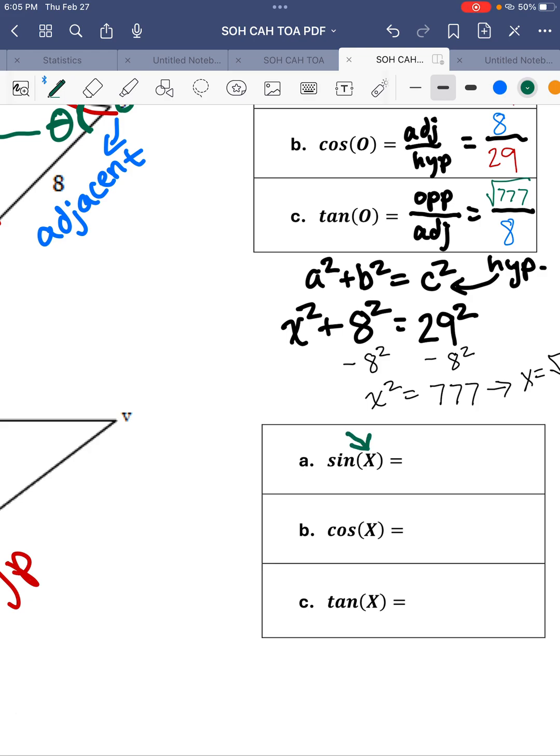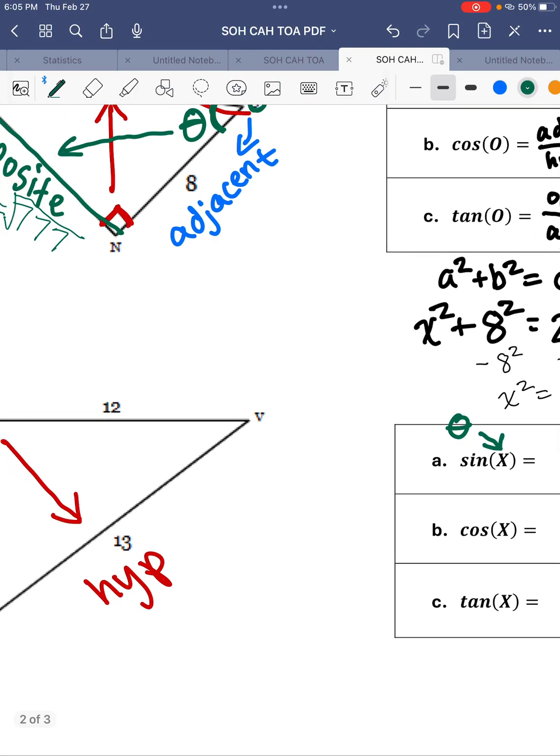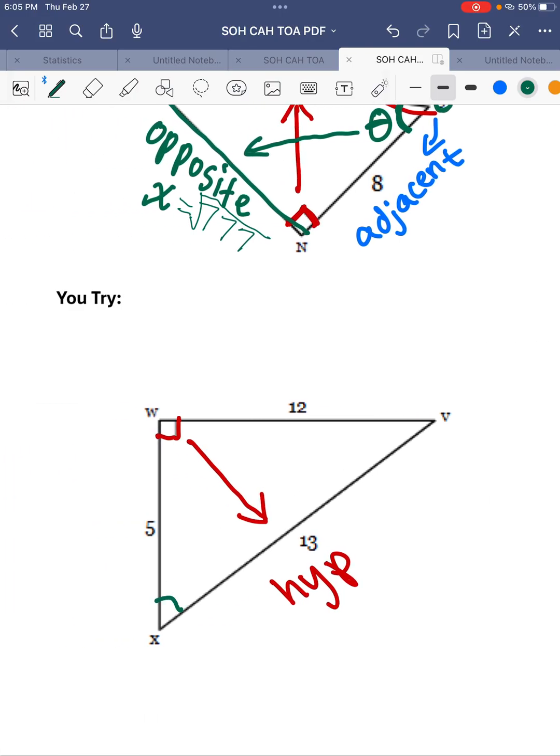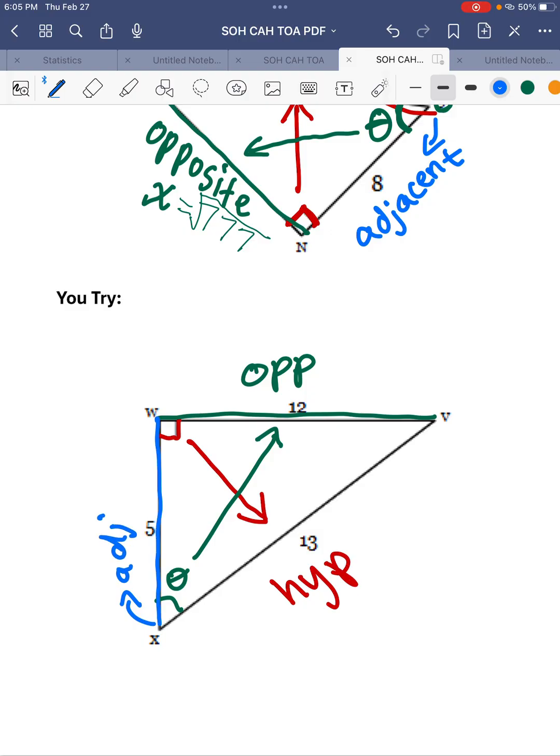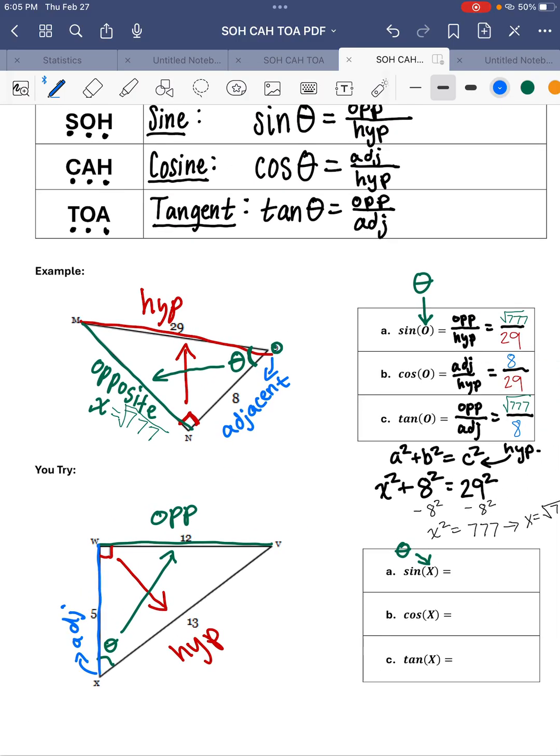Since the angle that it's referencing each time is x, that x is going to be my theta. Notice here there weren't any missing sides, so that's why I didn't have to use the Pythagorean theorem.